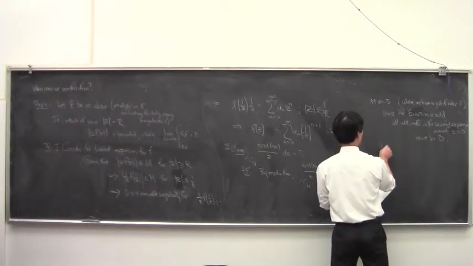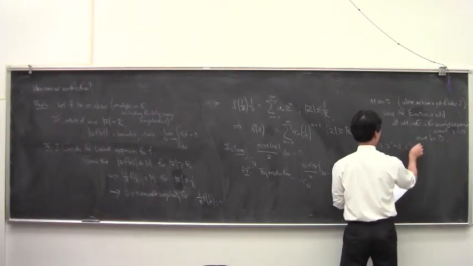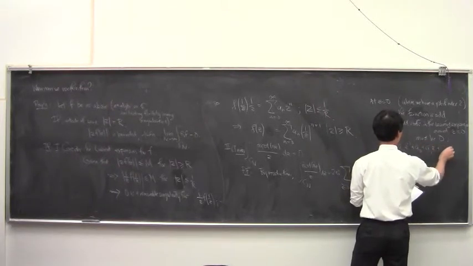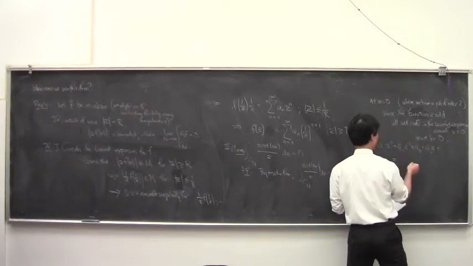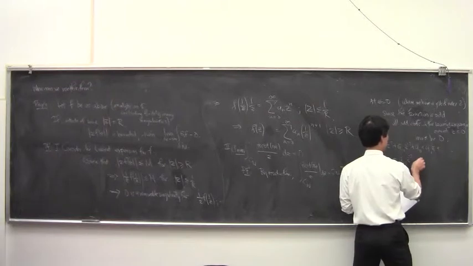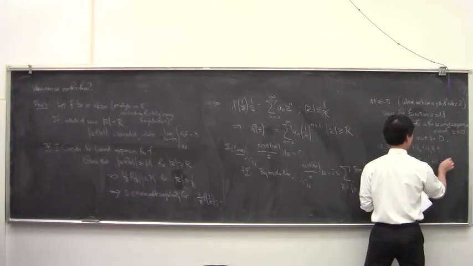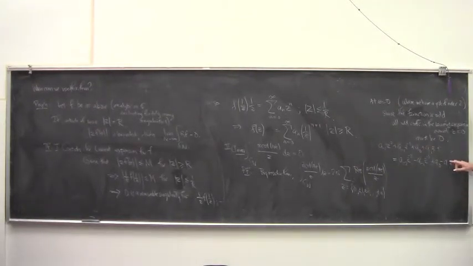You know that your Laurent expansion looks like this. But you know that that's equal to a minus 2 z to the negative 2, minus a minus 1 z to the negative 1, plus a naught, minus a1 z, and so on. So you have another Laurent expansion, but the Laurent expansion is unique, right?